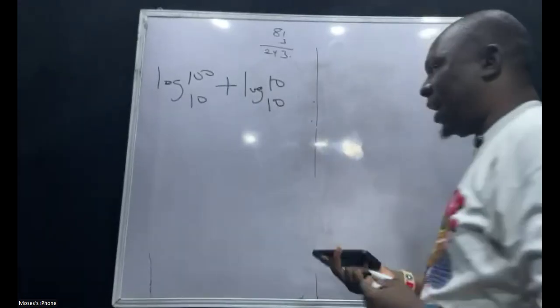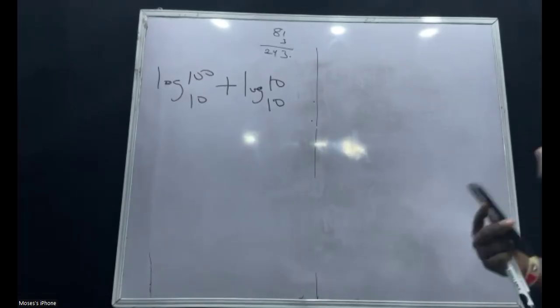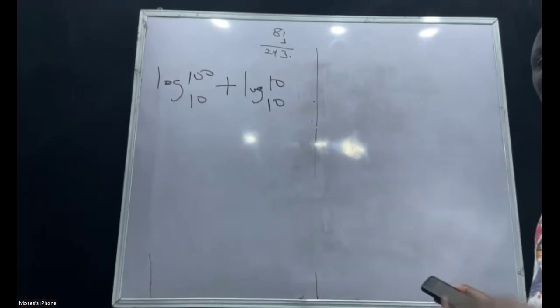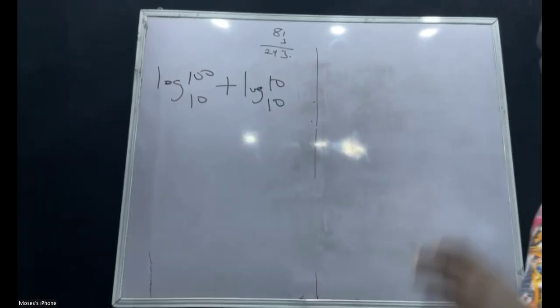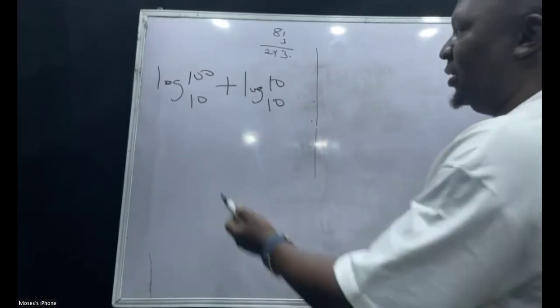You were told to simplify. These two should not even take you more than 15 seconds if you really understand how it works. Log 100 base 10 plus log 10 base 10. You should simplify it, which means you first solve the left part.